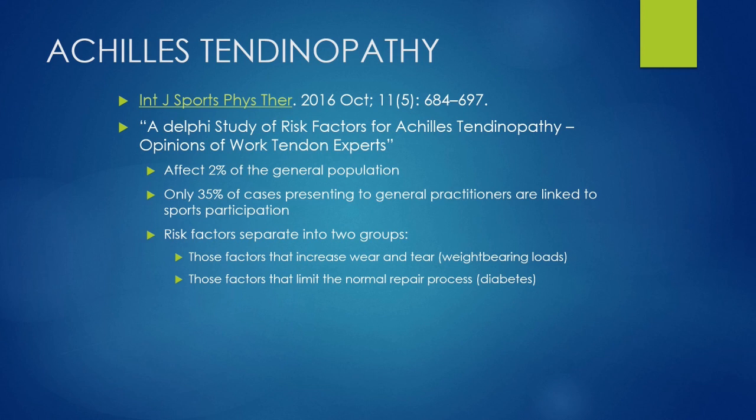In a new study in 2016 published in the International Journal of Sports Physical Therapy, they reiterate some of these same findings, now in relationship to Achilles tendinopathy. They tell us, and this will apply to many of the other tendinopathies as well, that Achilles tendinopathies affect about 2% of the general population, and only 35% of the cases presenting to general practitioners are linked to sports participation.